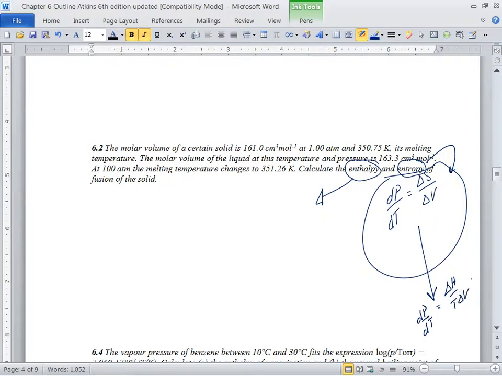Okay. But this is the one where we integrated and we got our concept preview question, right? So isn't that just the Clapeyron equation?